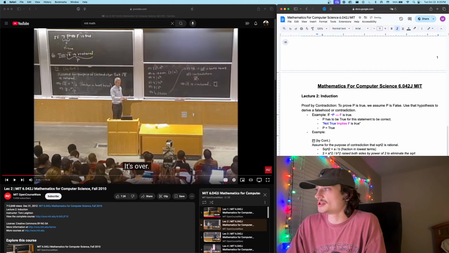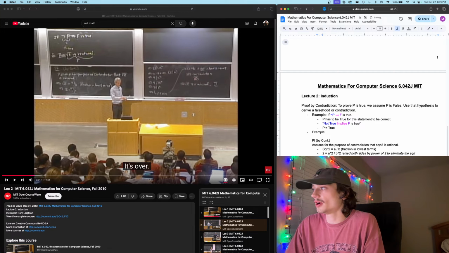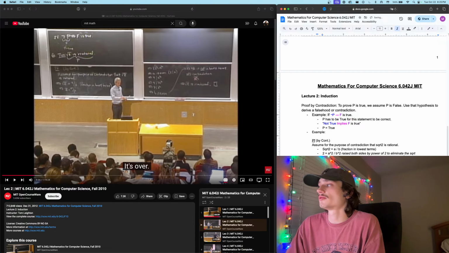And what we did here is we just multiplied b squared on both sides to move it out from the denominator.